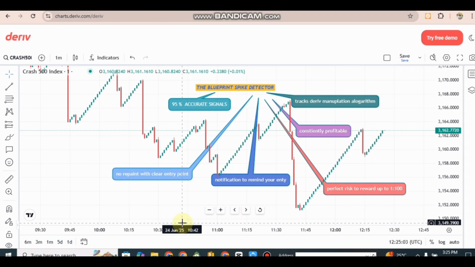Another thing that I have noticed from Deriv in the past 5 years that they keep changing to manipulate your psychology is lot size. They change the minimum lot size to a point where, if you have a small account, and most of the traders on Deriv are small account traders, $100, $200, $50, $70, $40, all that, the smallest lot size is over-risking your account.